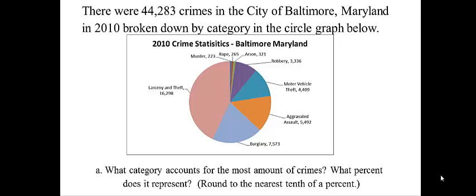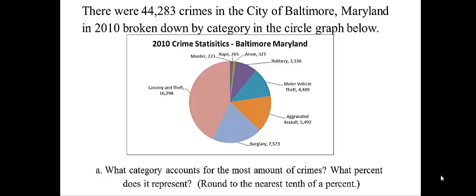Let's look at the question where there were 44,283 crimes in Baltimore in 2010, as given by the graph. What category accounts for the most amount of crimes? What percentage does it represent? Round to the nearest tenth of a percent. I'll need to figure out the total number of crimes in the area.